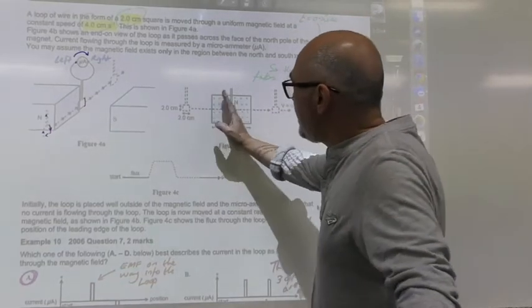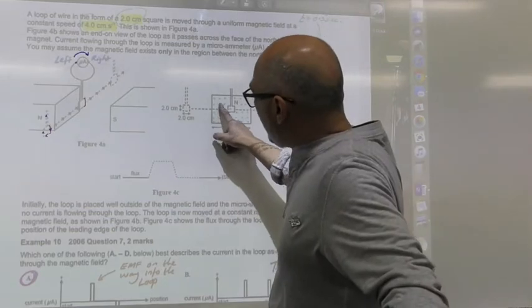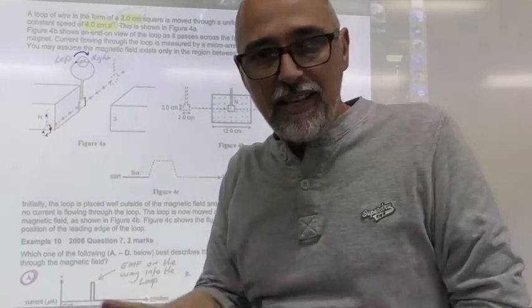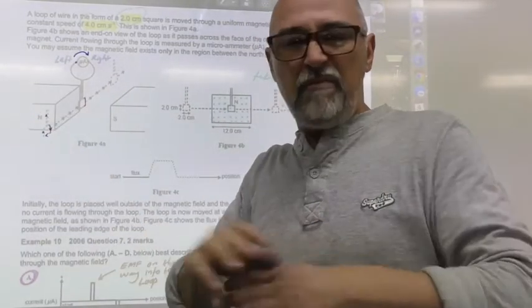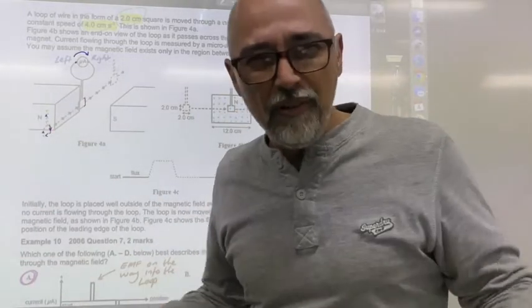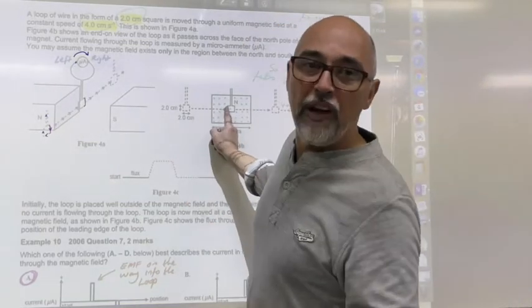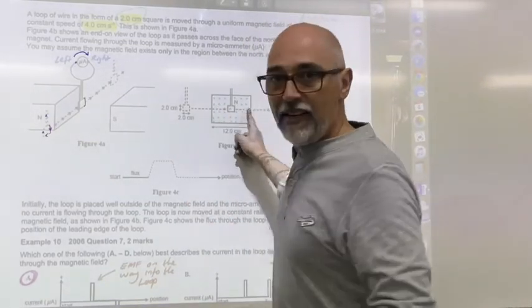So once it enters, it'll try and fill with a field that goes in. Once it actually crosses inside, then that's it. Nothing else happens. The current stops. That field that was associated with it is gone, while it's sitting in there traveling along happily. Then it hits the outside edge.